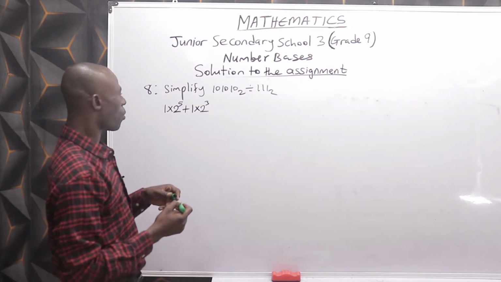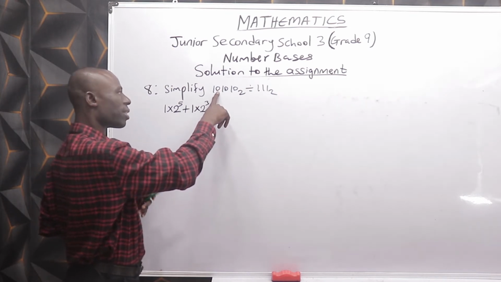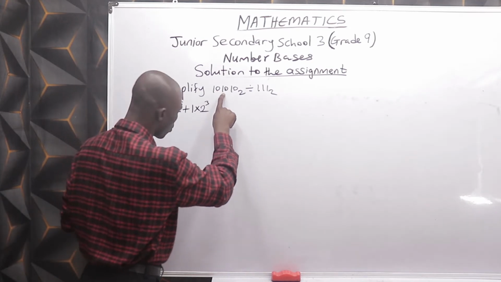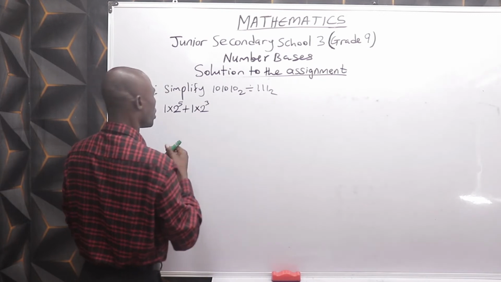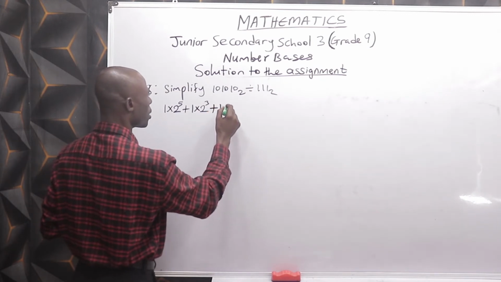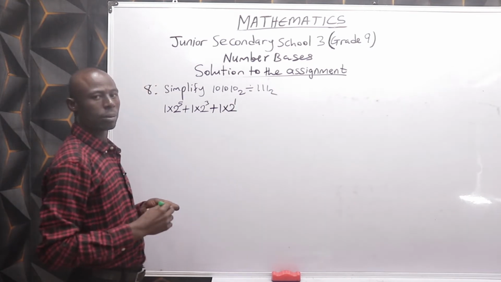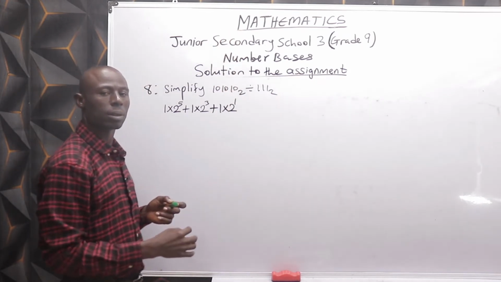Why not to power 4? I have already skipped this 0, and that 0 is the owner of power 4. So I come to this one. Now I'm skipping the next 0. I go for this next digit 1 plus 1 times 2 raised to power 1. The power of this 1 is power 1.